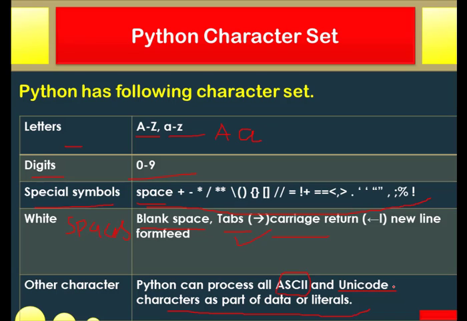So Python can process all ASCII and Unicode, meaning it can process ASCII codes and Unicode characters from all the different languages used over the world. So these are the character sets that Python uses: basically letters, digits, special symbols, white space and other characters.